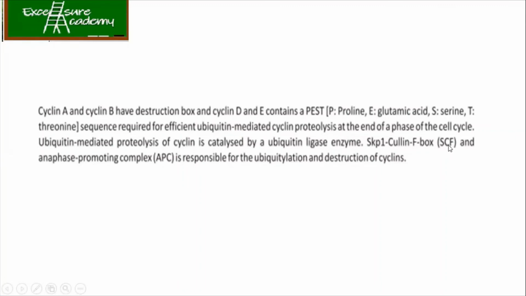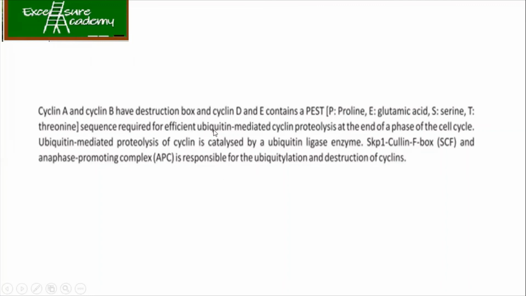So we saw the synthesis, like how E2F is helping in the synthesis or gene expression of the other cyclins. Now, if we talk about destruction, how is it happening? APC is activating your proteasome.